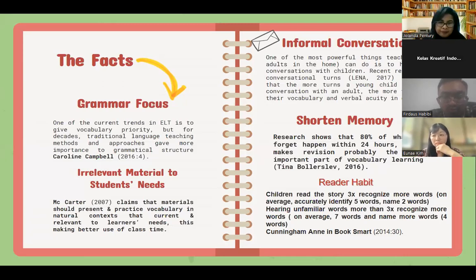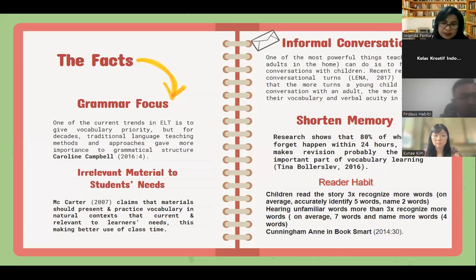And the fact, reader habit. Children who read the story 3 times recognize more words. On average, they accurately identify 5 words, and from the 5 words they recognize, they can name 2 words. And hearing unfamiliar words more than 3 times, they recognize more words, on average 7 words, and they can name 4 words.